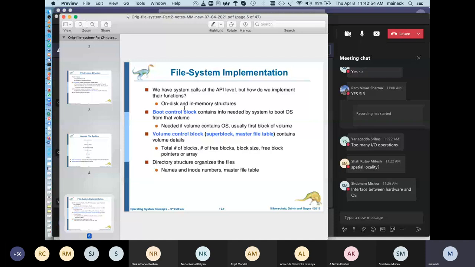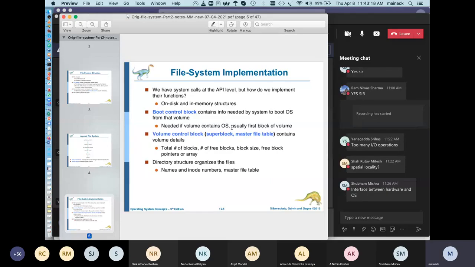Typically the boot control block is the first block of the volume. In Unix file system UFS, it is called the boot block. In NTFS, it is called the partition boot sector. The very first block on your C drive in NTFS is called the partition boot sector.